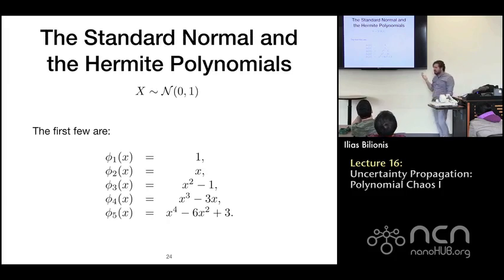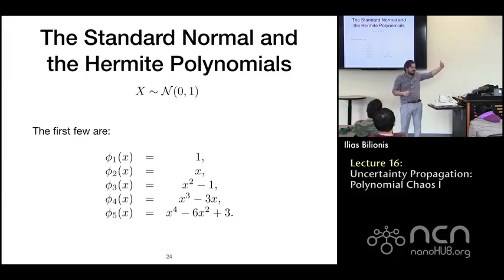Okay, so here are some examples of these polynomials. If X is a standard normal, then these are the orthogonal polynomials. They're called the Hermite polynomials. The first one is the constant, then a linear one, then the quadratic one looks like that. Why does it have this -1? Because if it didn't have it, it would not be orthogonal to the others.